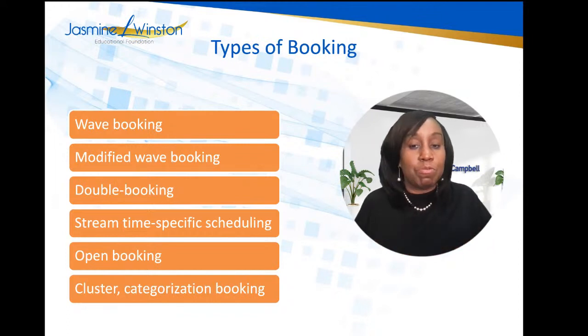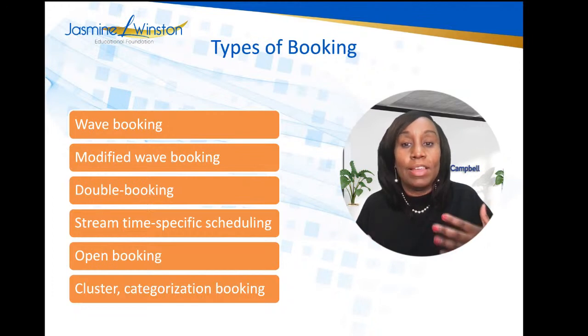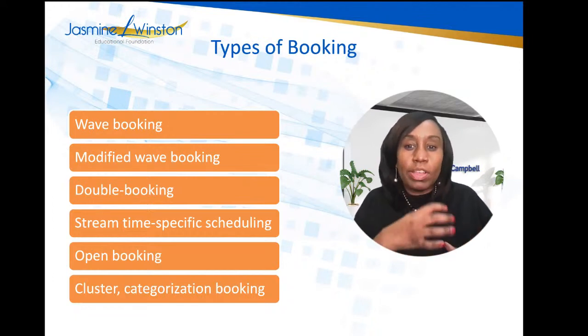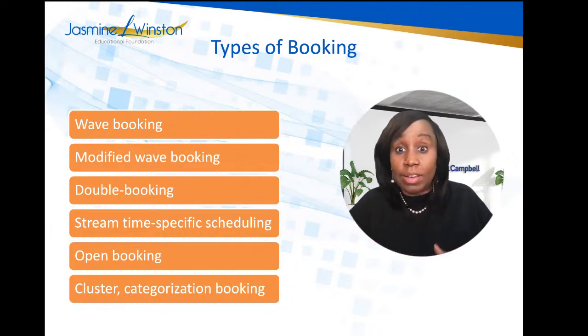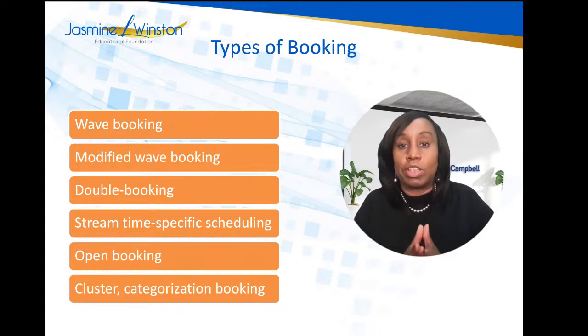Now, let's just be real. If you tell 7 people to come for an appointment at 9 o'clock, you kind of are working in a state where you're running behind. And that's what I remember from Cook County Hospital. Okay, so that's modified wave booking.